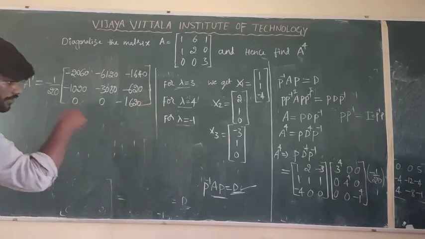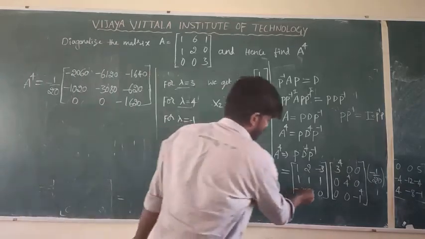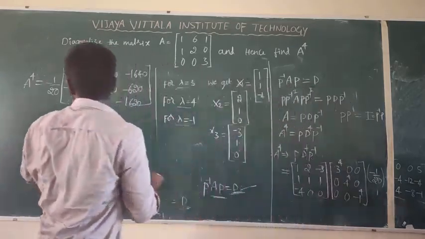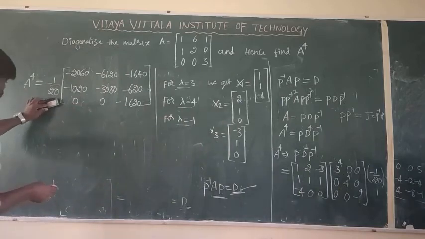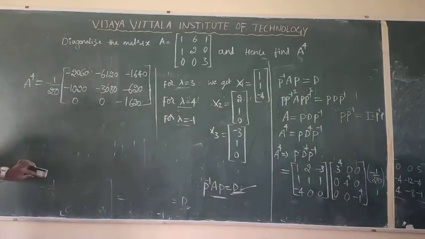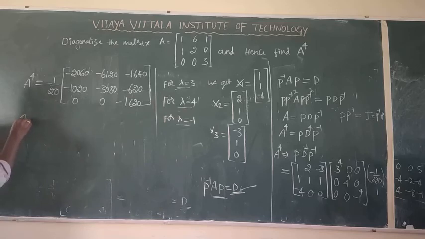Dividing each element by minus 20, we get A power 4.